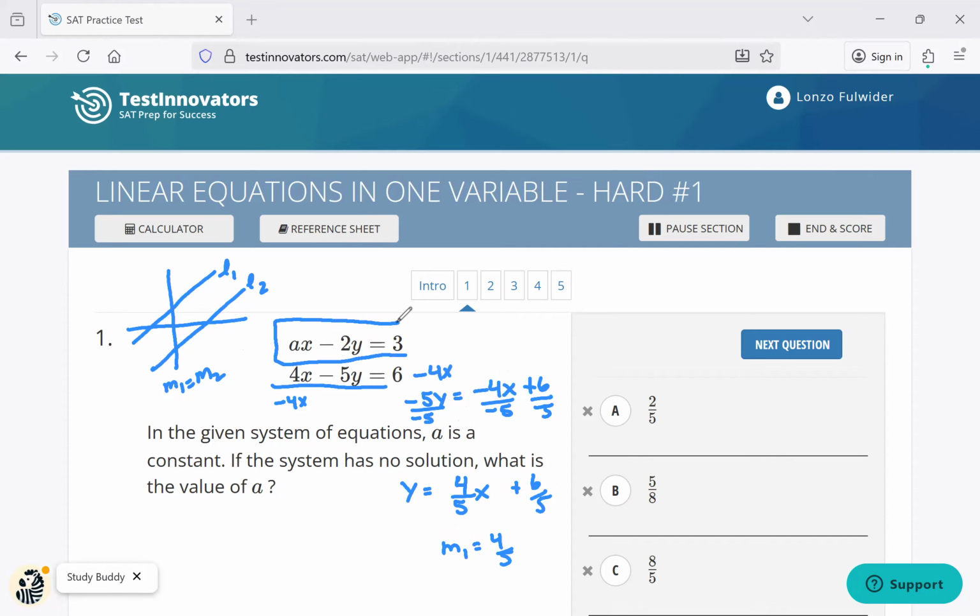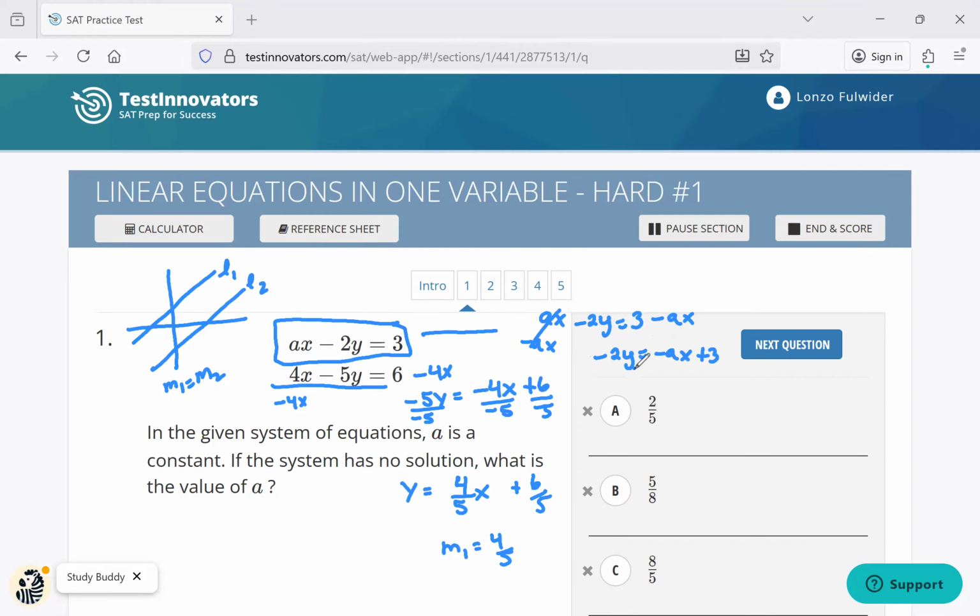So let's do the same process for this one. Let's get y by itself and figure out what our a value would be. We have ax minus 2y equals 3. Let's get y by itself. So I'm going to subtract ax. This is going to give you negative 2y equals negative ax plus 3.